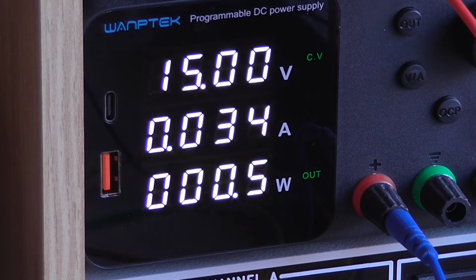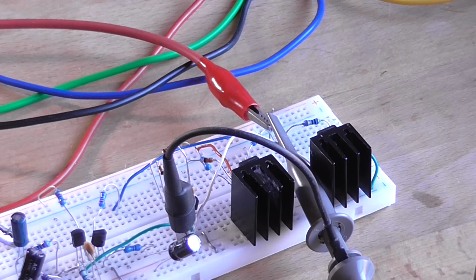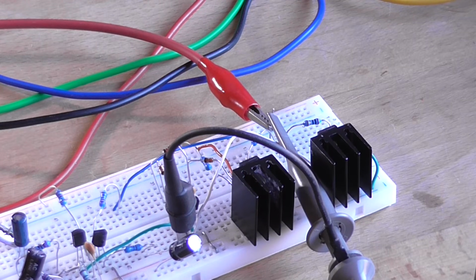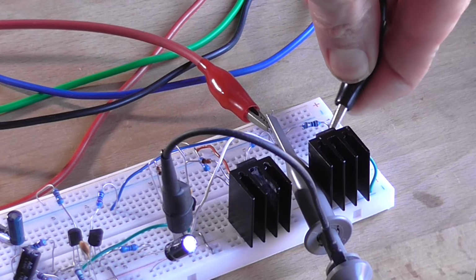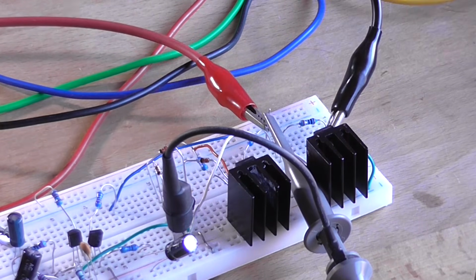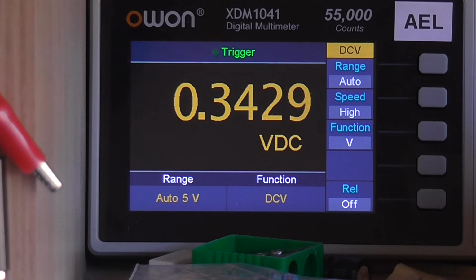As for this current draw, that's the total current draw of the circuit, not what's going through the output stage. So to figure out what current is actually going through the output stage, I'm going to have to move my multimeter to measure across one of these degeneration resistors, and then do a little bit of math. So we've got roughly 343 odd millivolts of drop across that 10 ohm resistor.